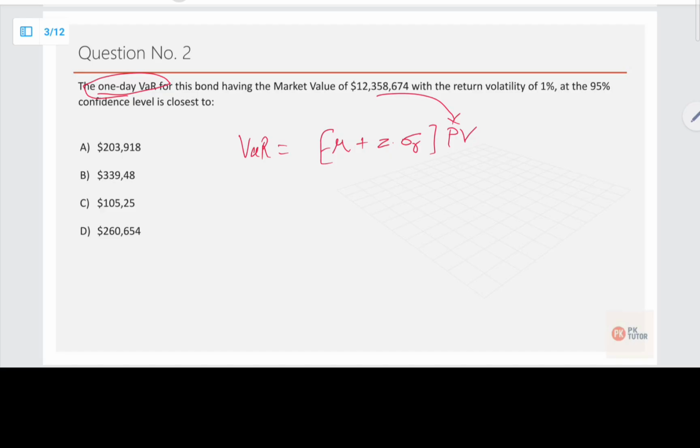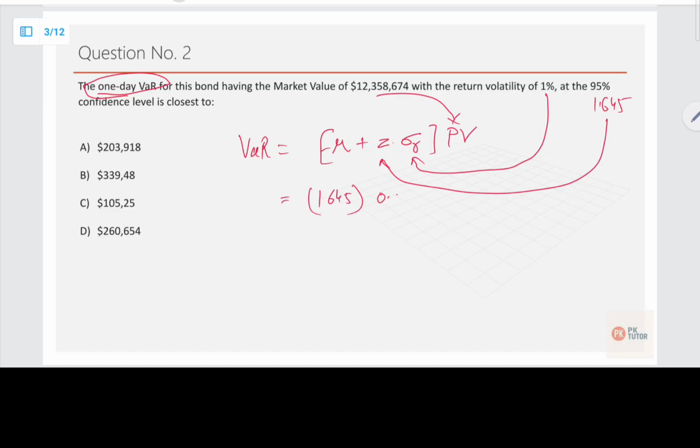The return volatility will go here, 95%, so this is 1.645, this will go here, and they have not given the mu. So if they have not given the mu, then it is not necessary to include it. We can just ignore it.